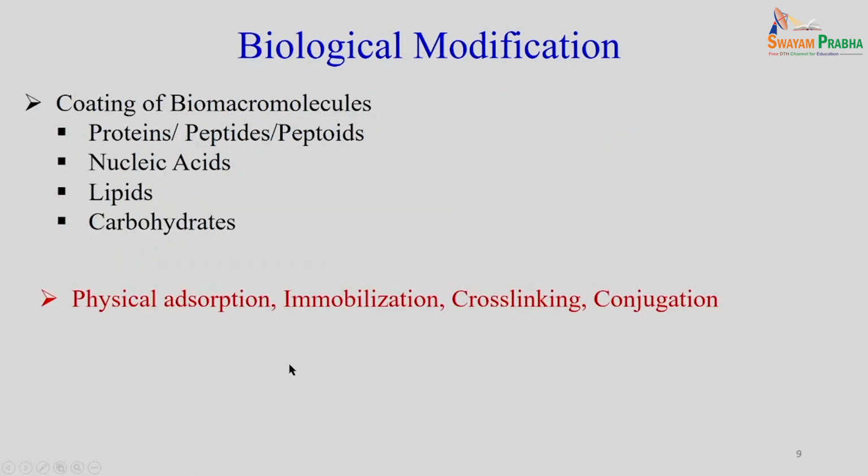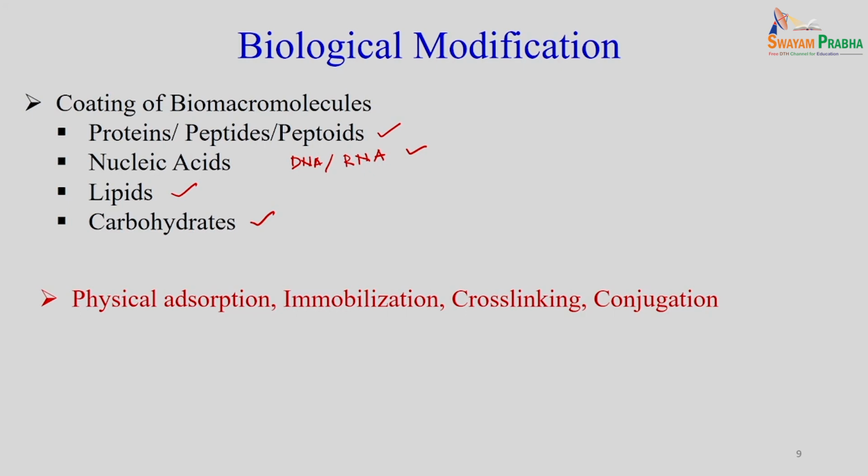In case of biological modification, we have to coat biological macromolecules, which may include proteins, peptides, nucleic acids like DNA or RNA, lipid molecules, or carbohydrates.